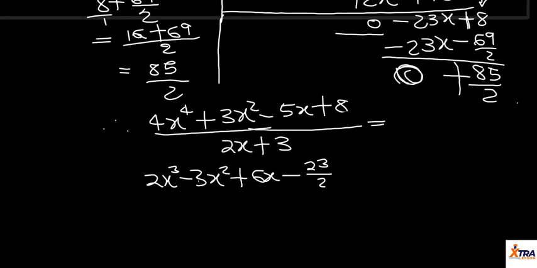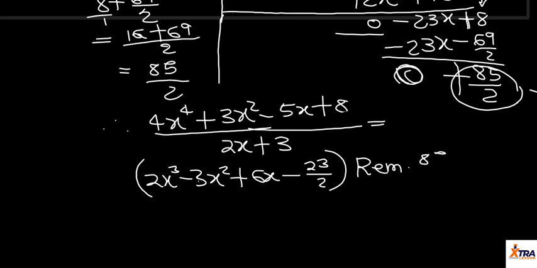So this is the quotient I have. This is my remainder: 85 over 2. This is the result of the division of my polynomial.